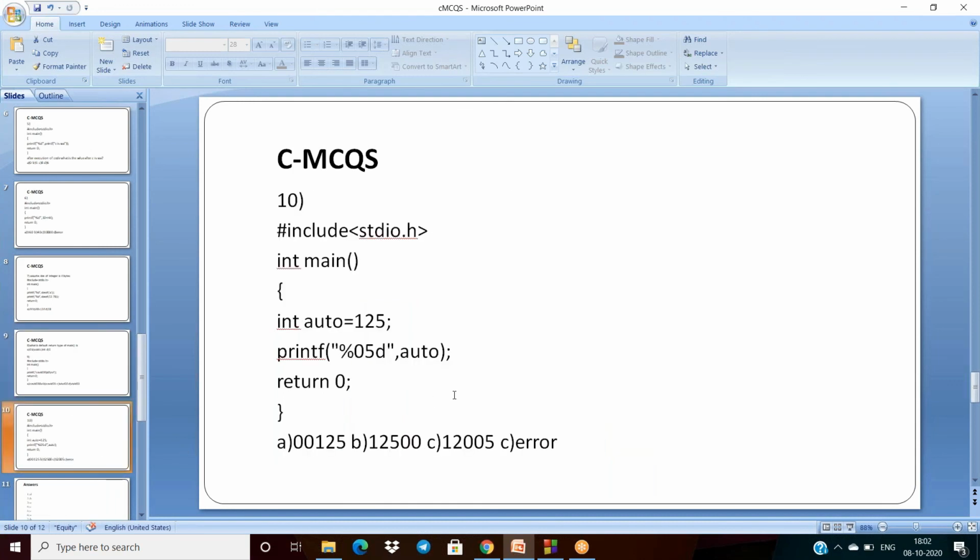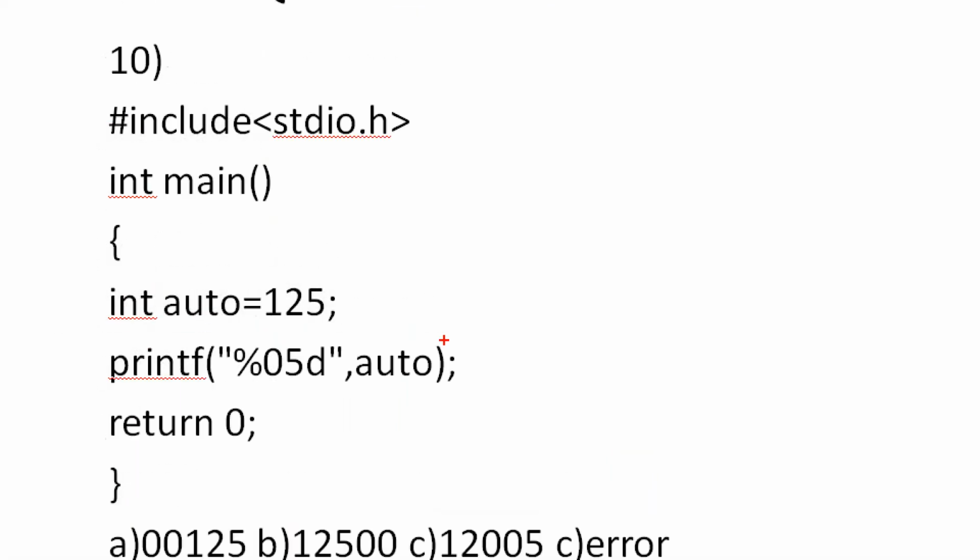Okay, and after this, the last question. The last question is int auto, and printf with percentage 05d of auto. By seeing this, most people assume that percentage 5d means it uses five spaces.